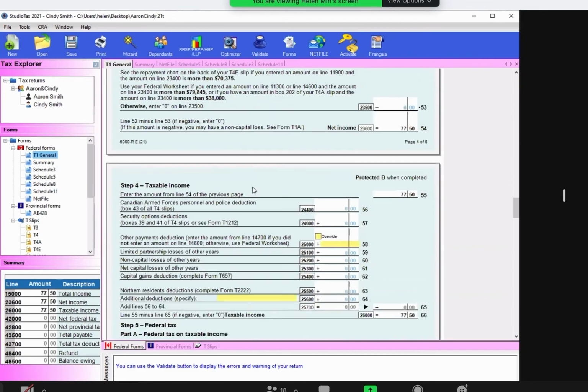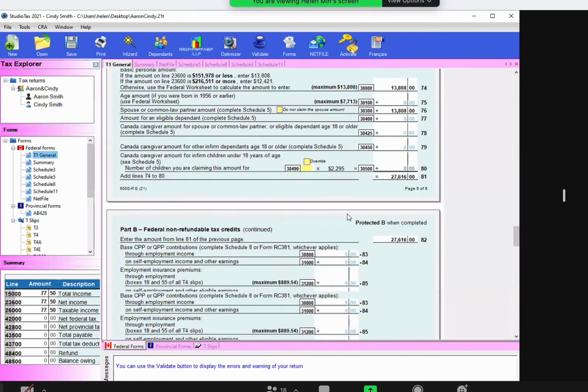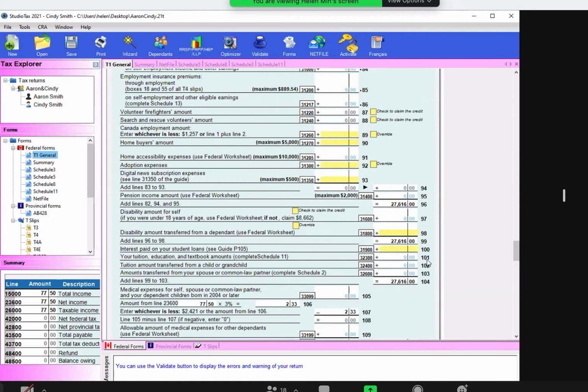On T1, line 101 is here, and the line is 32300. 32300 is your tuition, education, and textbook amount.